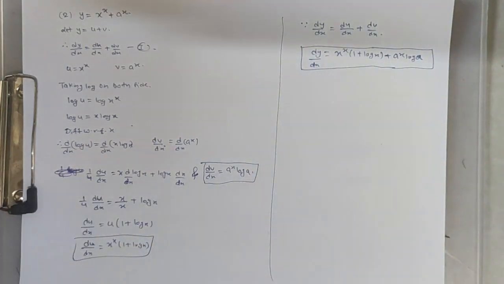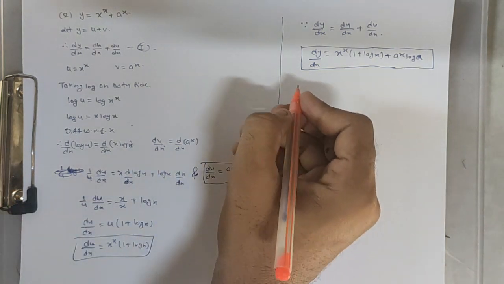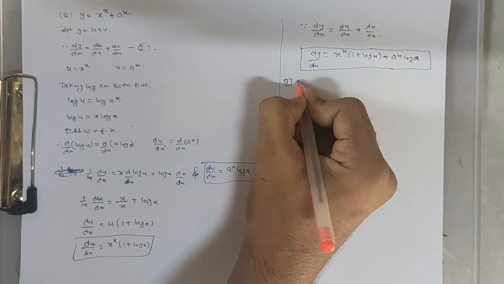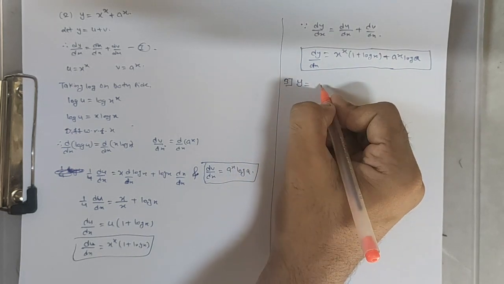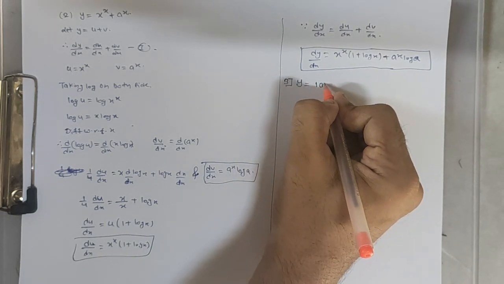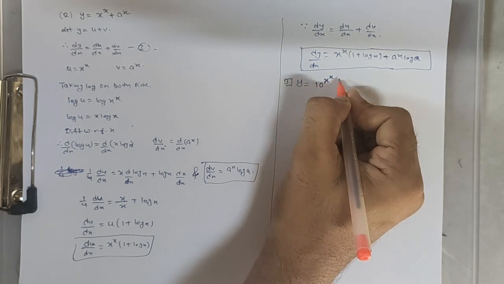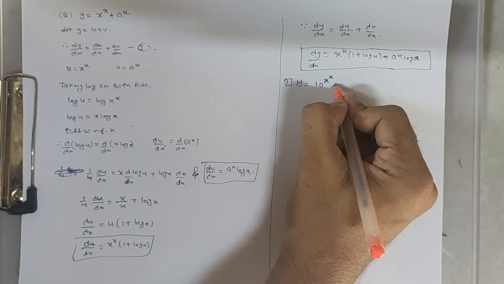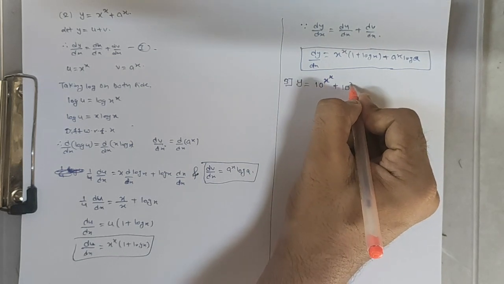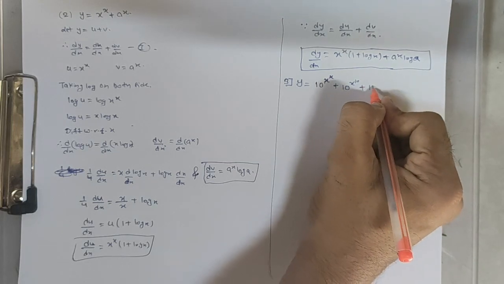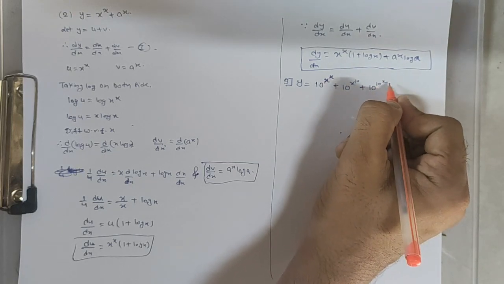Now similarly we will do the next, the third one. In the third sum, y is equal to 10 to the power x raised to x plus 10 x raised to 10 plus 10 raised to 10x.